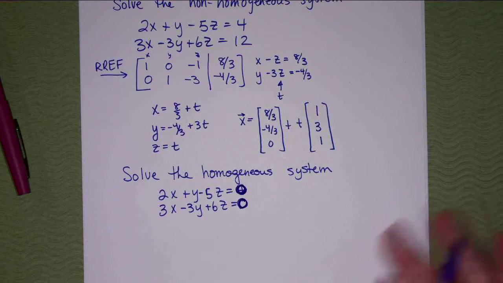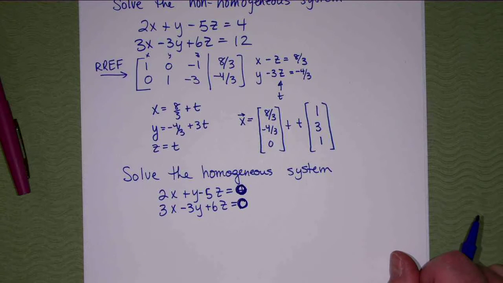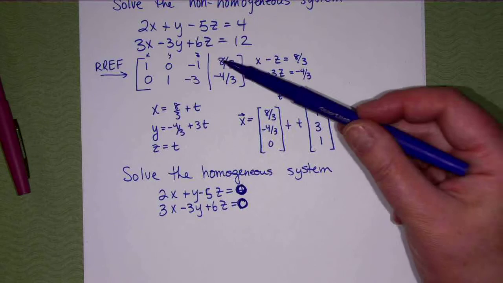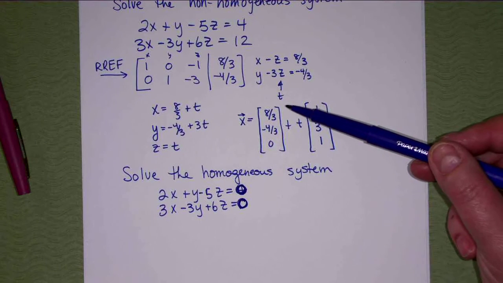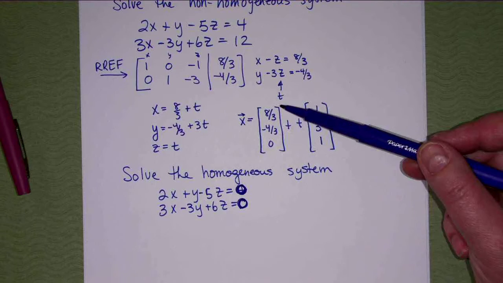So everything else is the same, but I change it to zeros. How does the solution change? So these would be zeros.